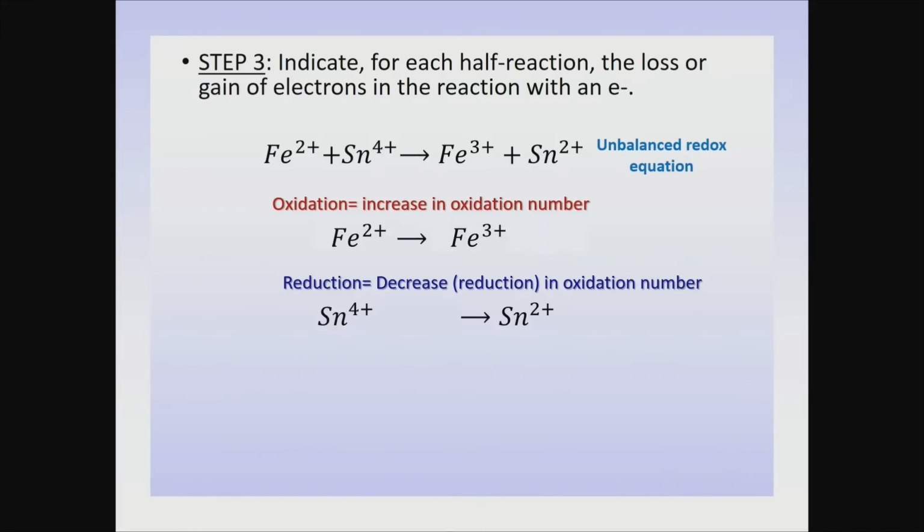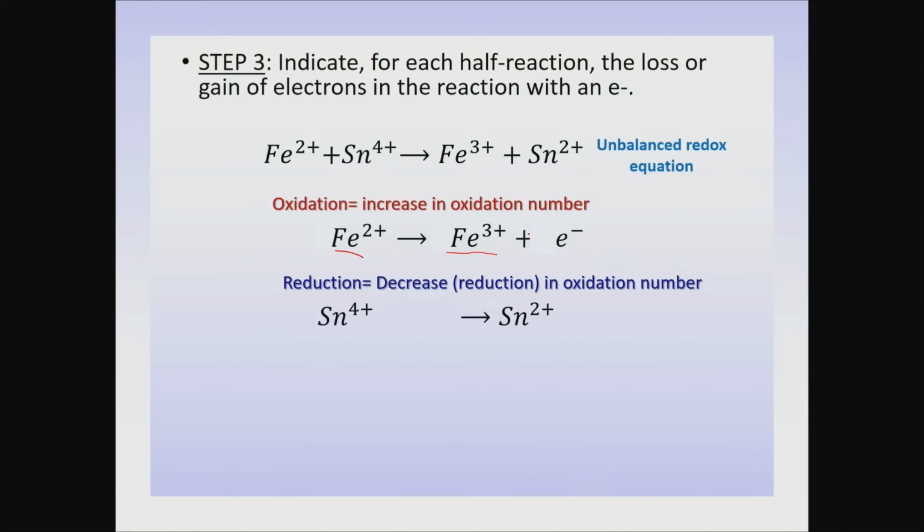LEO is loss of electrons, is oxidation. So here you can see Fe2+ is losing an electron, is becoming more deficient in negative charge, and goes to Fe3+. As we go from 2+ to 3+, it looks like we've lost an electron here, so I'm going to indicate that with a plus e- sign there.